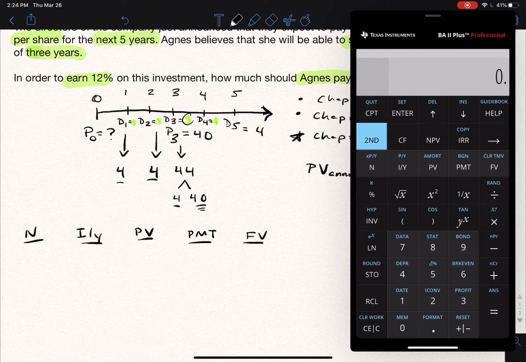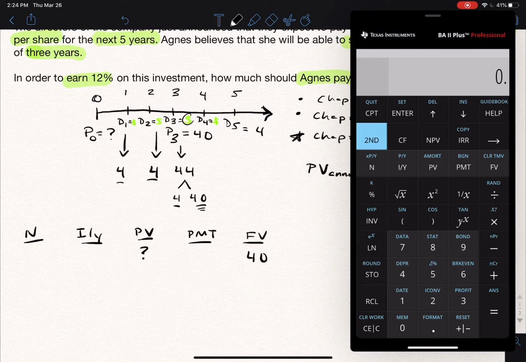So we've already been told that in year 3, the face value, or the future value, the expected sell value of our stock is going to be $40, right? And we already know that we're looking for the present value because we want to know the price that we would be willing to pay today. So that's the variable that is missing. So just by knowing those two pieces of information, I know that I have to figure out these other three before I can solve the problem. All right. So let's see. What's the next thing?